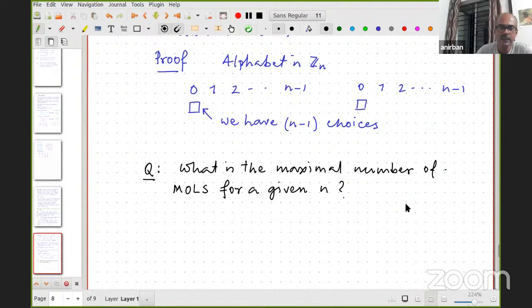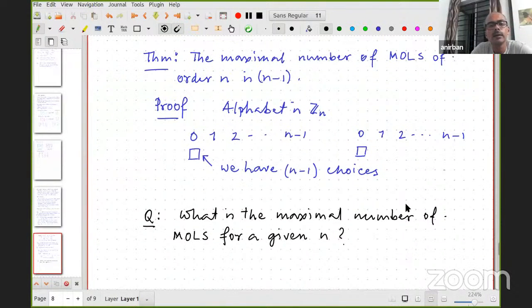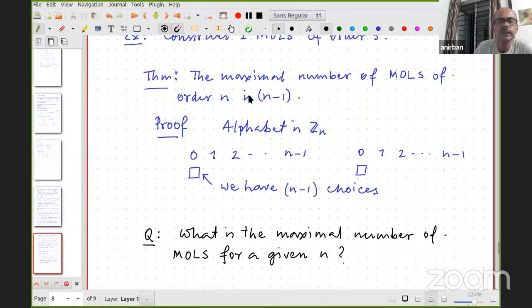So we know that there are at most n minus 1 Latin squares. I should actually change this, otherwise that's a confusion. So the maximal number of this is less than or equal to n minus 1.